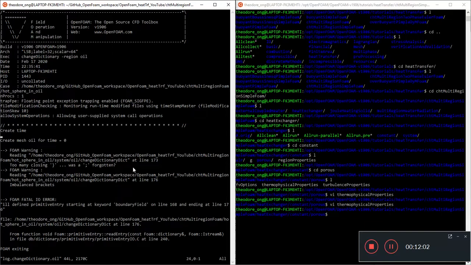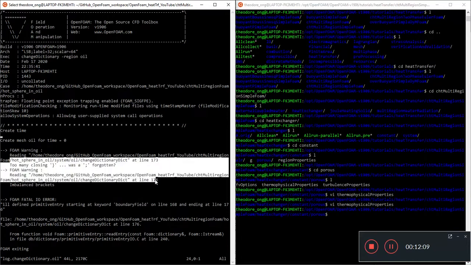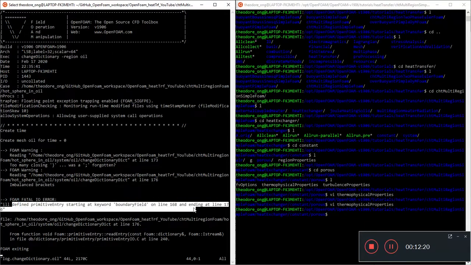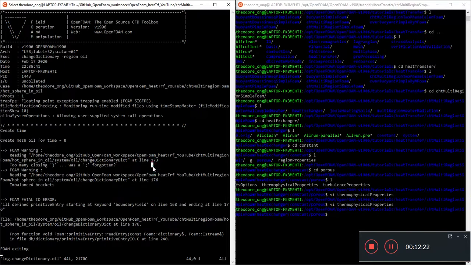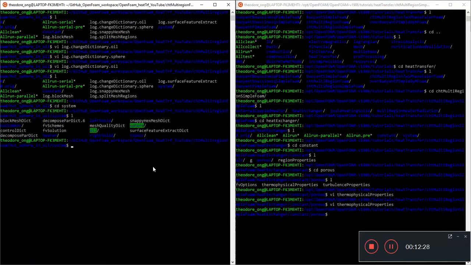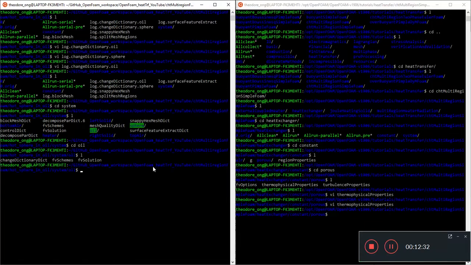Alright, so again it's reading the oil change dictionary dict at line 173 and 176. It says there's imbalance brackets and ill-defined primitive entry starting at keyword boundary field ending line 176. Okay, basically it's our row file, which is kind of pretty wrong.